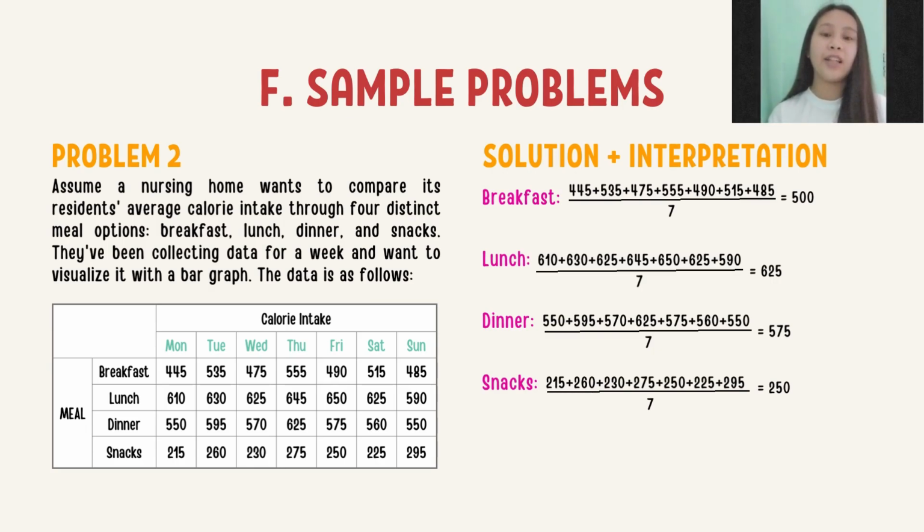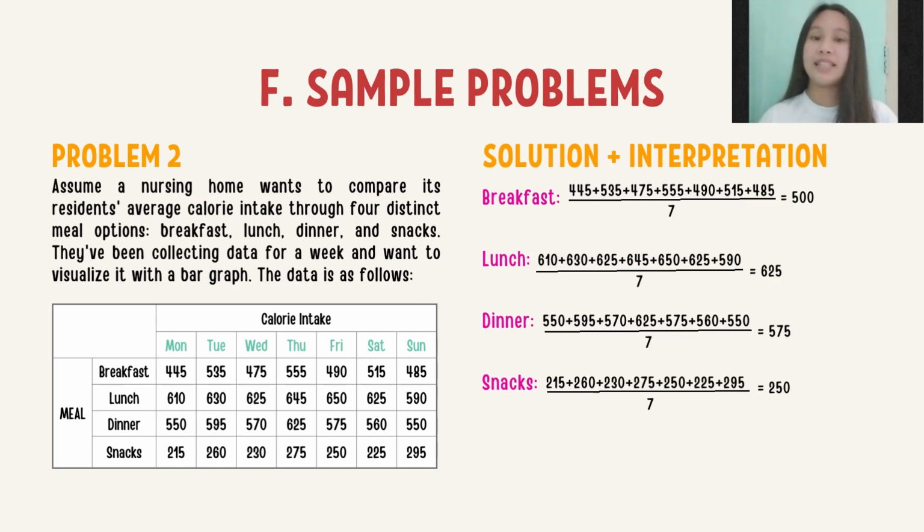For dinner, the total calorie intake is 550 plus 595 plus 570 plus 625 plus 575 plus 560 and plus 550, and it will give us 4,025. So dividing this by 7, we find that the average calorie intake for dinner is 575 calories per day.